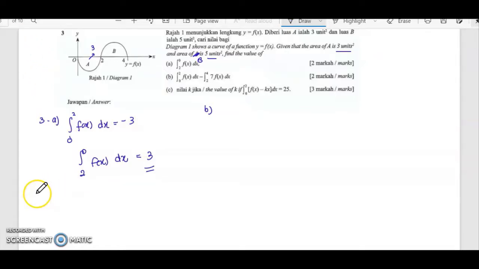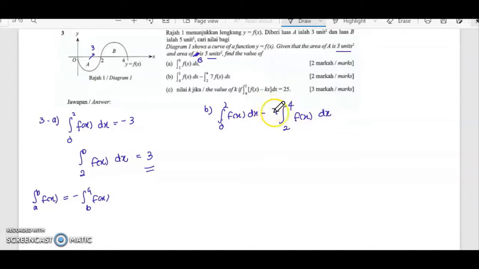Ada formula dia, integral A to B of f(x) adalah sama dengan negatif integral B to A of f(x). So next we go to question B. Given that kita integrate daripada 0 to 2 f(x) dx minus, 2 to 4, f(x) dx.